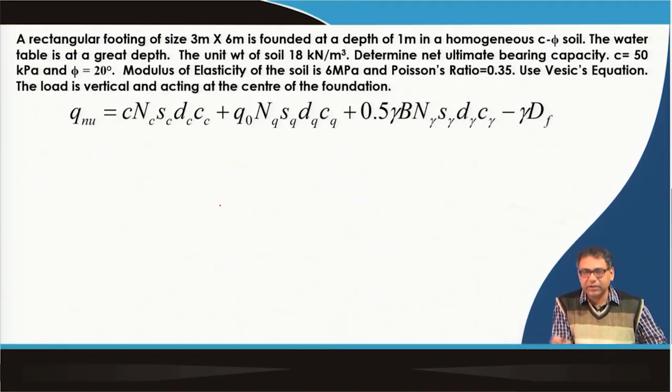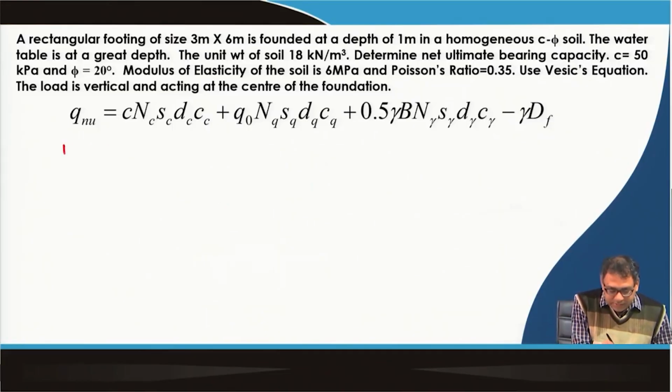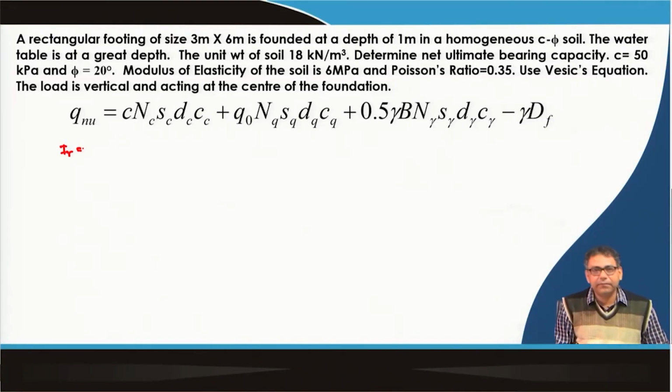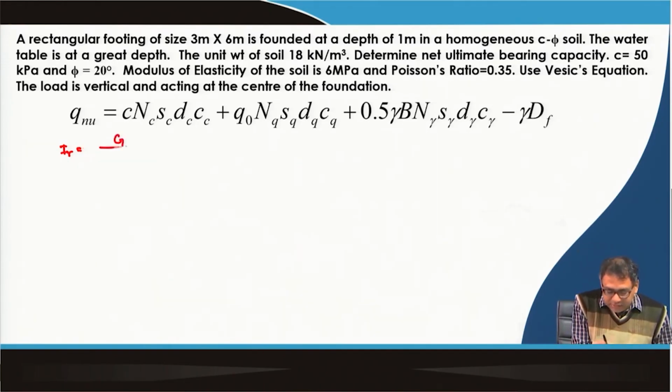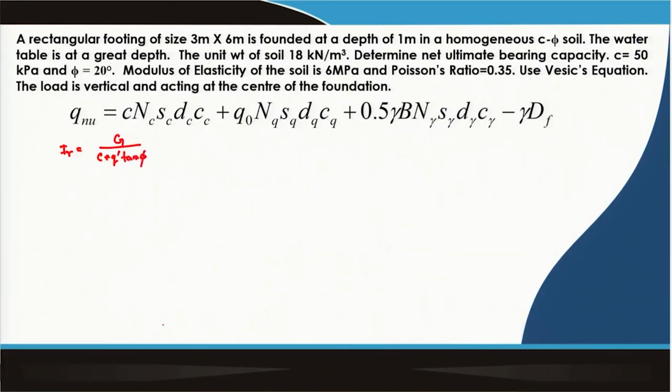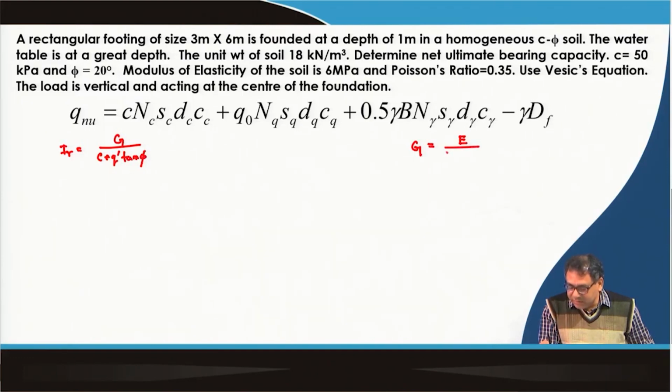Okay, so this is the equation that I have discussed. First, I have to calculate the IR, which is the rigidity index. That value is given by G divided by C plus q dash tan phi. Now here E is given, so from E I can get the shear modulus. That is, G is equal to E divided by 2(1 plus mu).